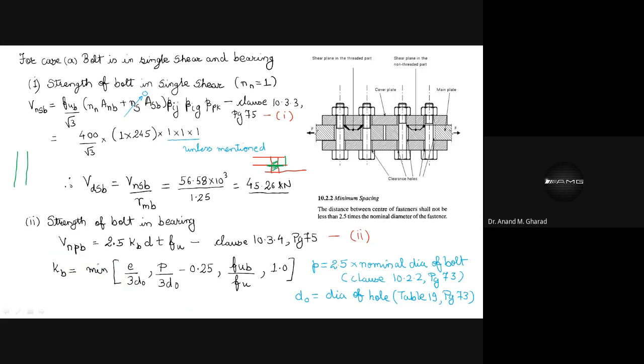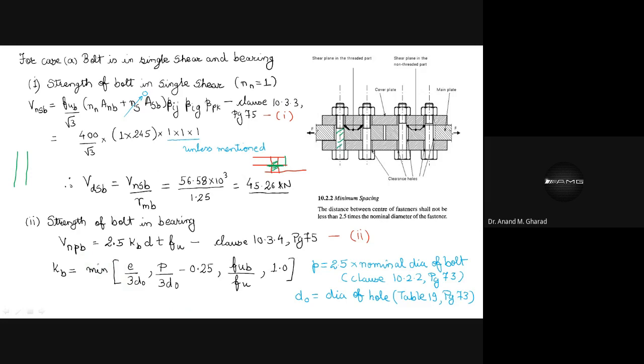Look here, this is the shank portion. From here to here, this is shank, and from here, let's say the threaded portion starts. So let me represent that. So this is the threaded portion.